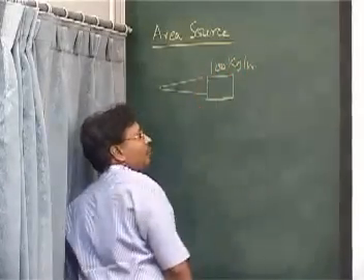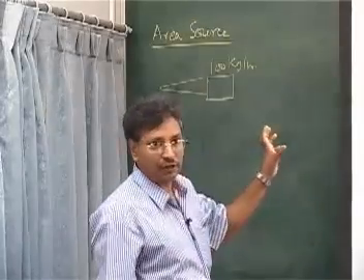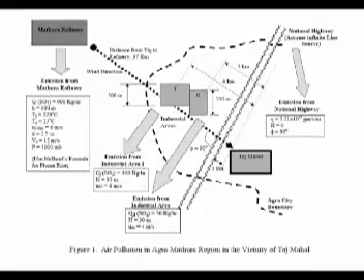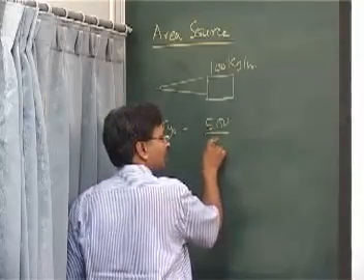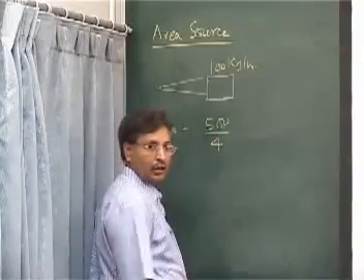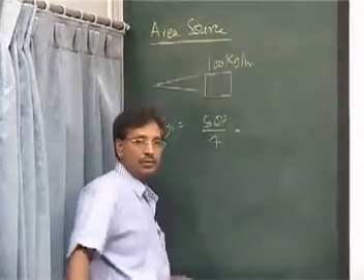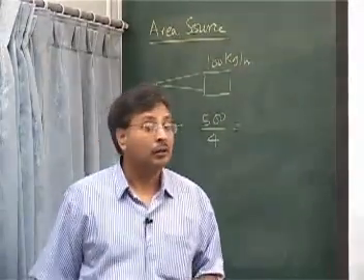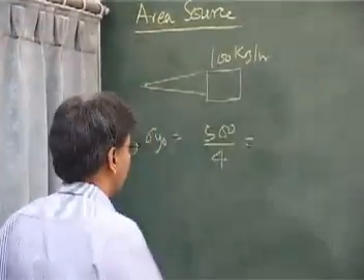At this side, it's given as 500 meters. So sigma y naught is 500 by 4. How much does that come out to be? 125.